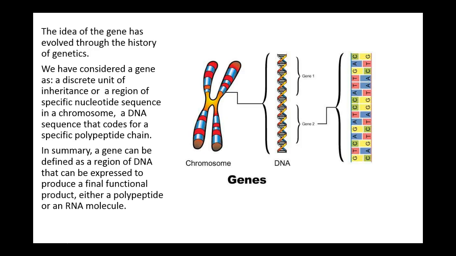So this unit of inheritance, the region of the specific nucleotide sequence in a chromosome, and then how that sequence actually works to make a functional protein or a polypeptide chain. So you've kind of made that journey through understanding what a gene is and what a gene does. We will move on and learn to understand other things as we go forward with the class.